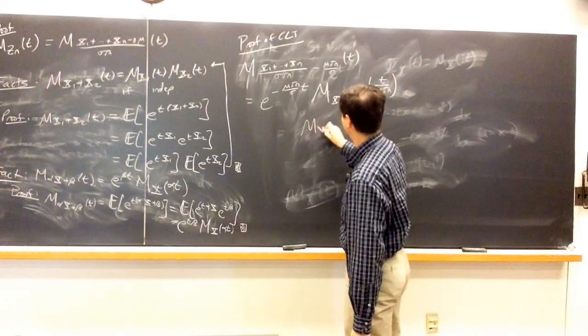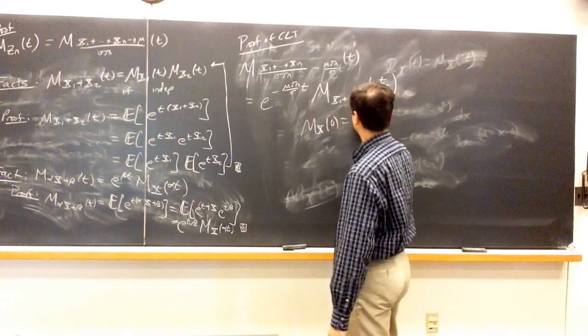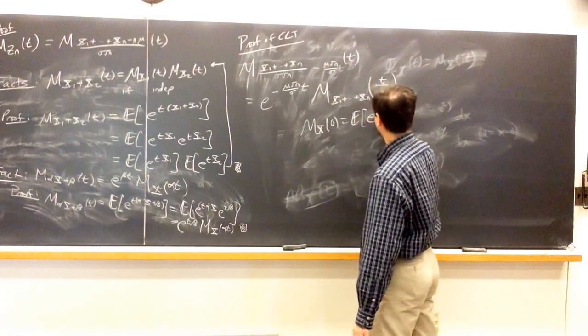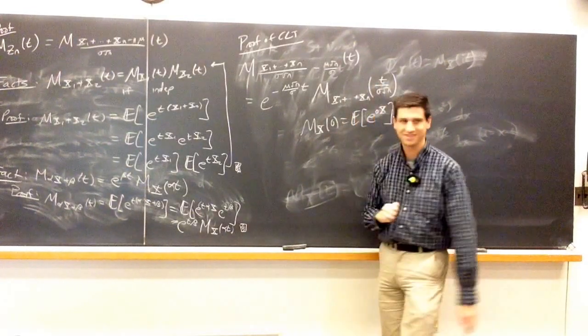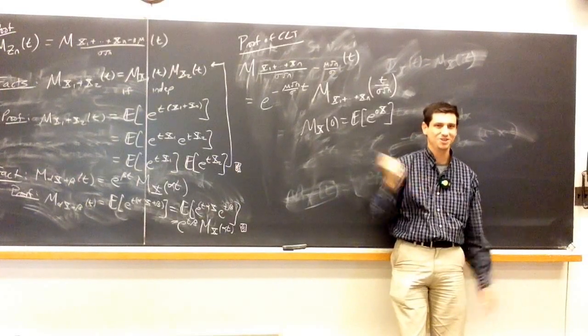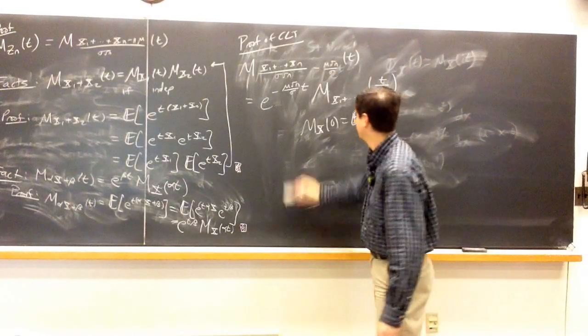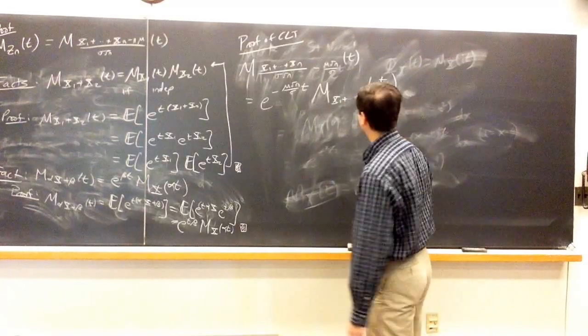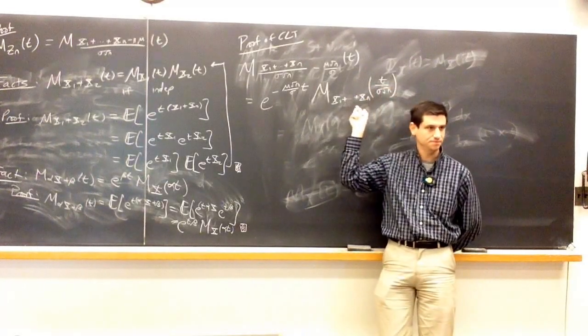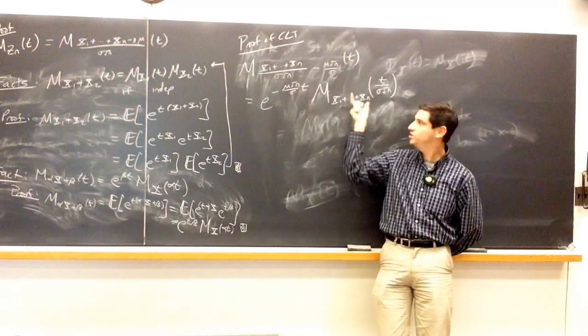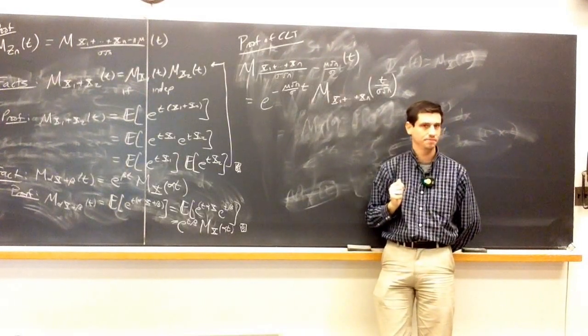The moment generating function of x at 0 is just the expected value of e to the 0x. What's this expectation? 1. Now, this is not evaluating it at 0, but it's evaluating it close to 0. So this should be very close to 1.